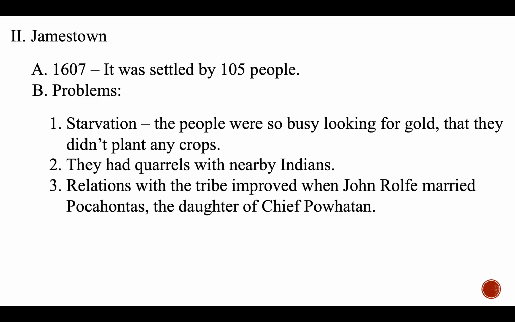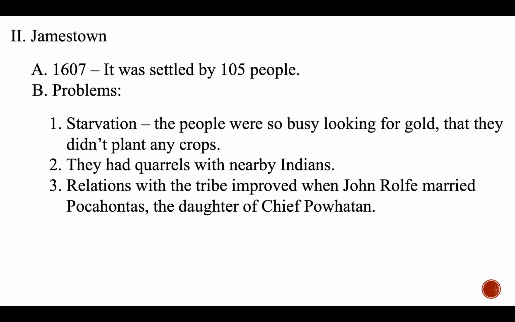The relations improved as they started to intermingle a little bit. The daughter of the chief, Powhatan, his daughter Pocahontas, whom I'm sure you've heard of because of the Disney movies, married one of the settlers, and his name was John Rolfe.